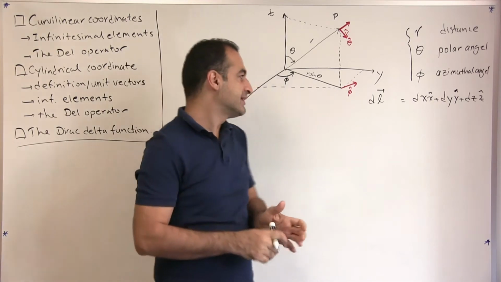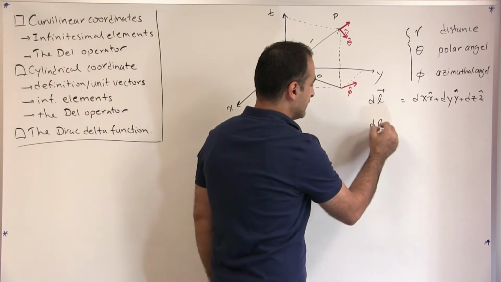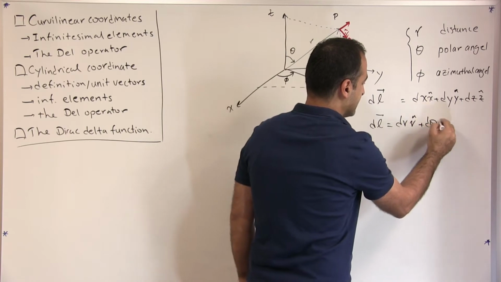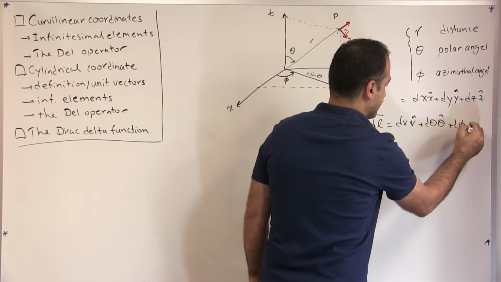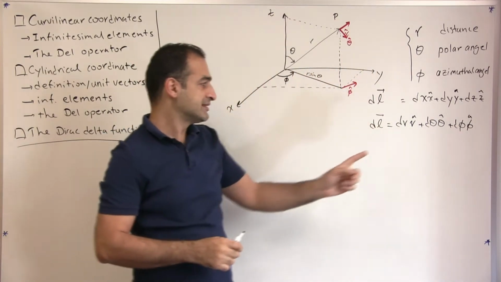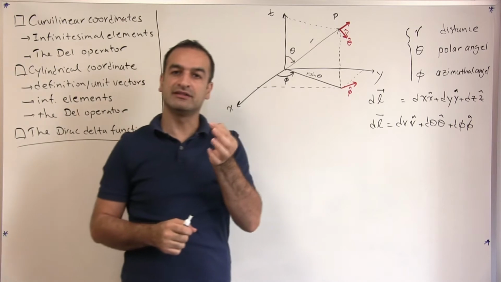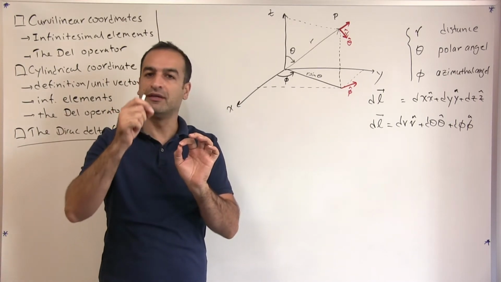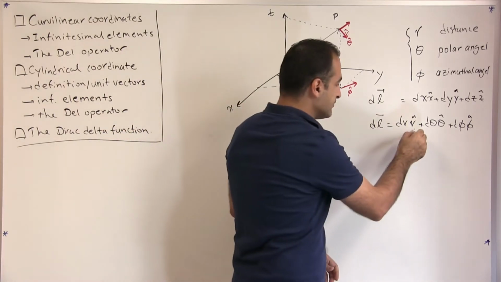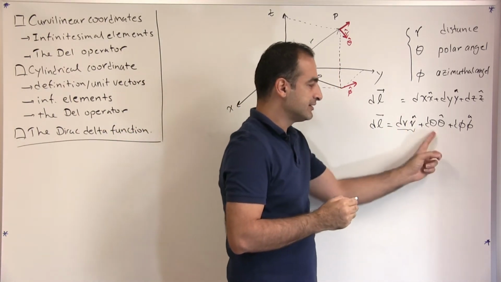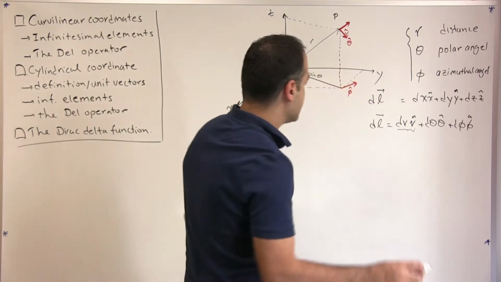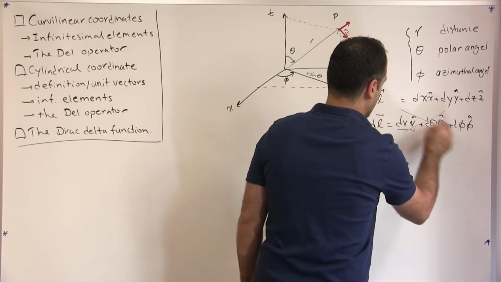So we cannot simply write that dl in spherical coordinates is dr r hat plus d theta theta hat plus d phi phi hat. This does not quantify a move in space because theta itself is an angle and does not really show a displacement. The r term could be correct technically, but the two others don't even have unit of length. So this is not the right way of writing infinitesimal displacement in polar coordinates.